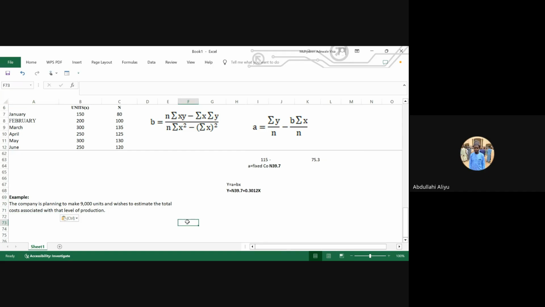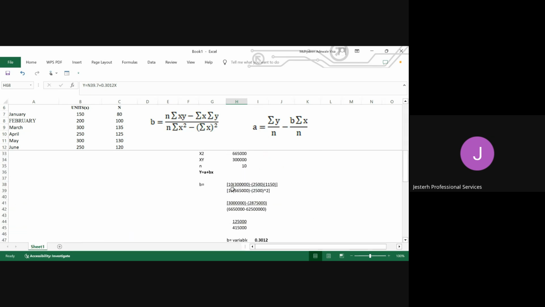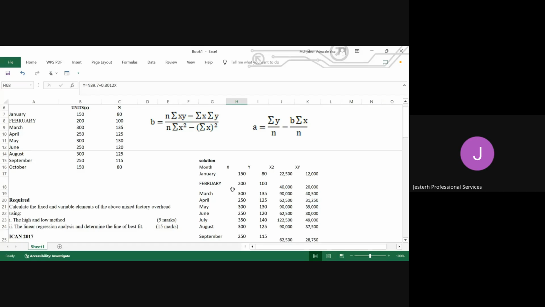Yes, sir. From the final answer we got, the cost function y equals a plus bx, I see that we substitute the value for a and for b. What about the x? Is it the same 2,500 that you multiply? Okay, very good question. This x here is different from what we are using here.